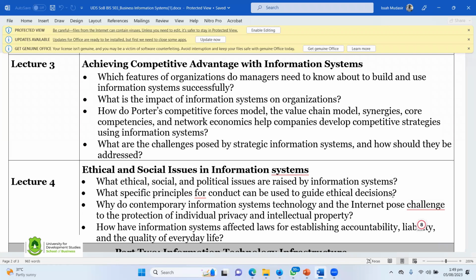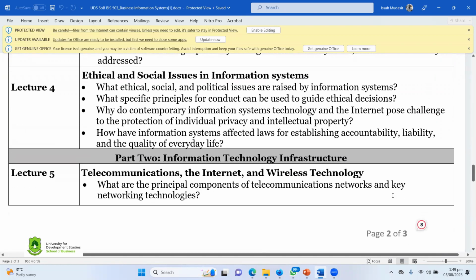Then the fourth lecture, this is where the issues of ethics and social implications of information systems will be raised. When I give you my phone to check a picture, the pictures we took today, what will you do? Will you just look at the picture, or after looking at the picture, when I tend to receive a call from my other phone, you will scroll? All of this raises ethical issues.